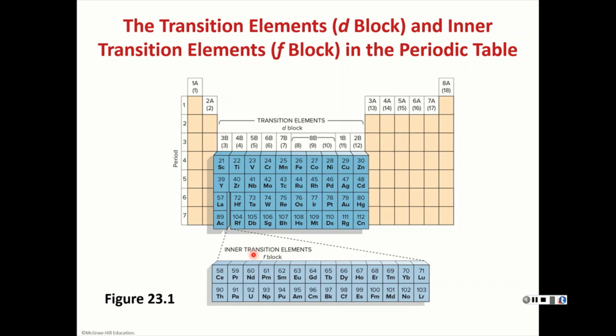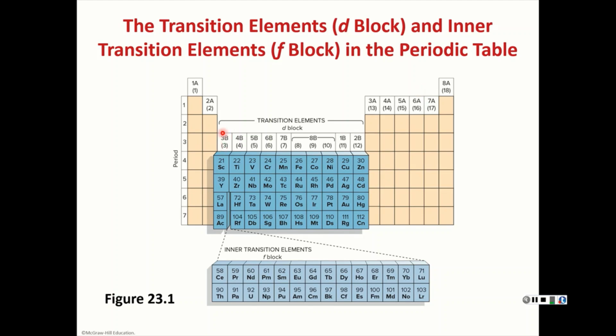The other thing I wanted to point out is the numbering of the columns or families in the periodic table. Just a reminder, when I say family or group, I'm talking about columns. When we say period, we're talking about rows. In the old way of numbering the columns, it involved a number and a letter. So 1A, 2A, 3A, 4A, 5A, those are the numbers for main group elements.